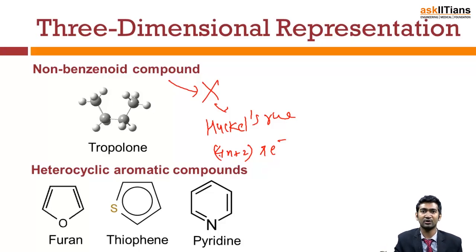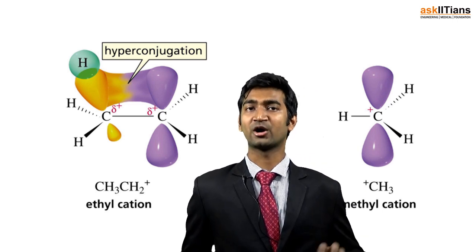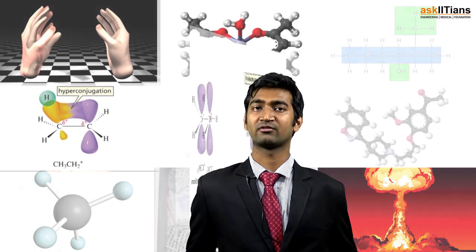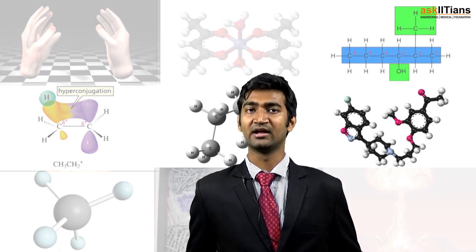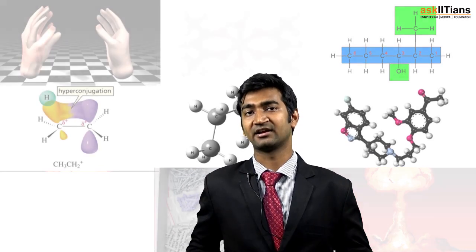I hope you have fully grasped how to represent it in 3D or in a plane. So students, in this part, I told you how to represent any chemical molecule of organic chemistry, any organic compound, in three-dimensional analysis, in 3D space. I also told you how their bond rotations can be done.